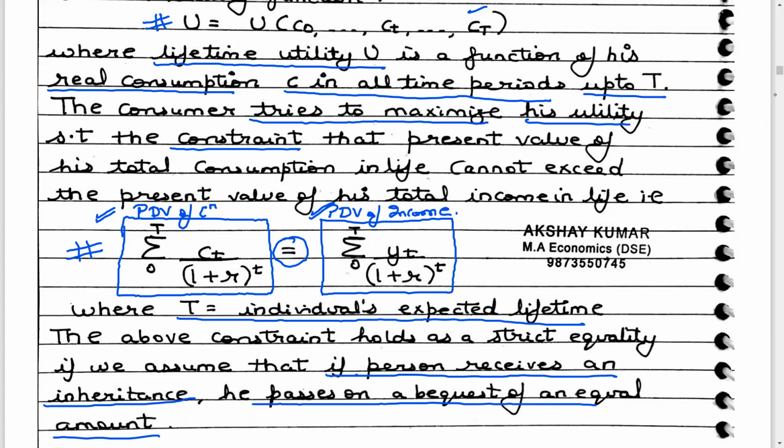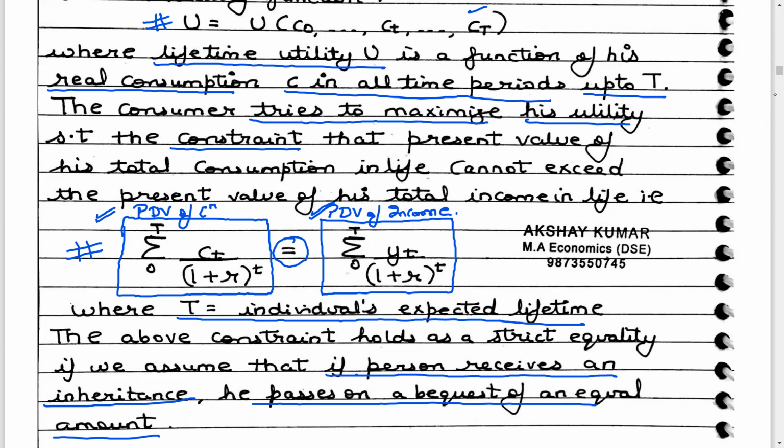That means his present discounted value of consumption will exactly be equal to the present discounted value of the income he is expected to earn throughout his life. But had the possibility of inheritance been there, suppose a person was getting the inheritance but not passing it on as bequest, that means suppose he was also consuming from his inheritance, in that case the present discounted value of consumption would exceed the present discounted value of income.